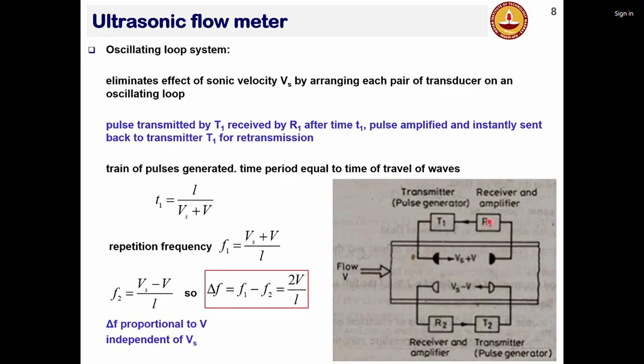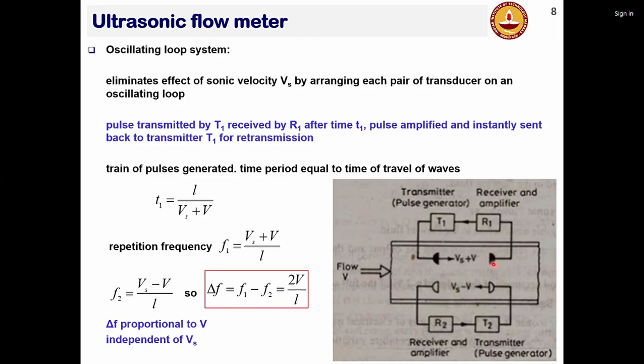And then again this retransmitted signal is collected and amplified and then fed. So this goes in a loop. That means at the receiver end, you will have a train of signal collected. At the transmitted end, you will have a train of signal emitted.